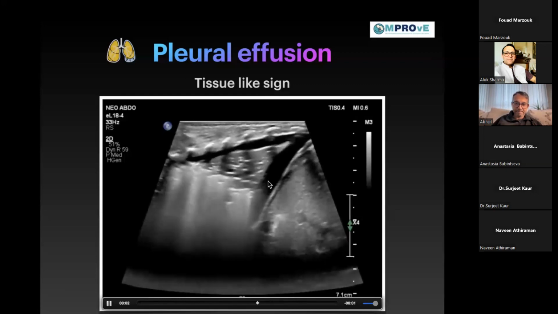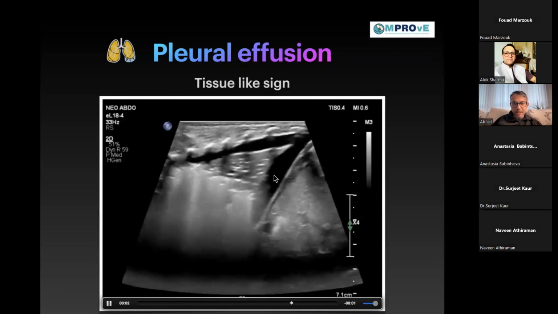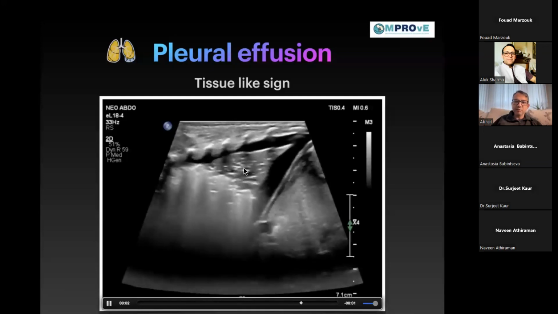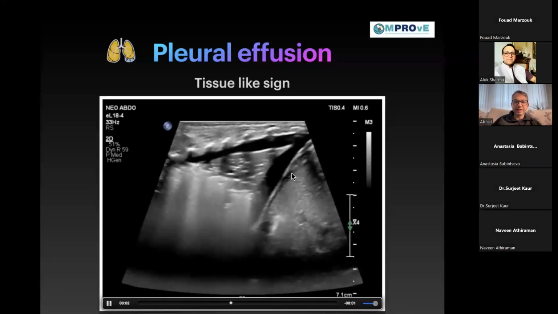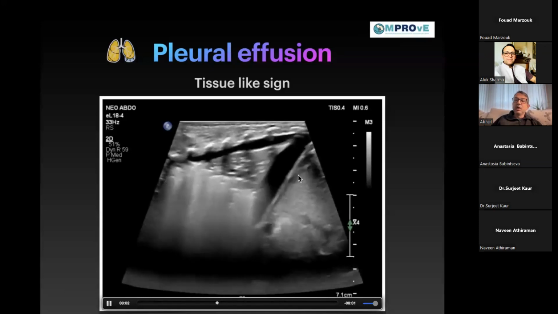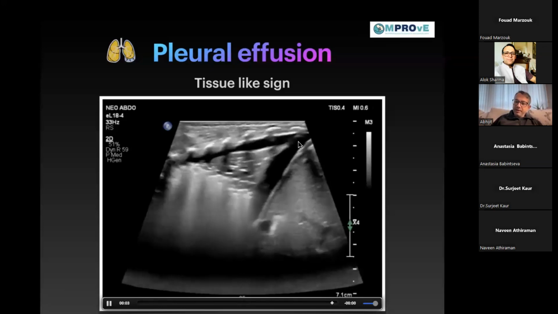So where do we keep the probe to see this kind of picture, if we're able to see diaphragm, liver, and so on? As I said, this is a premature baby, an extremely small baby. I don't remember the weight of the baby, but it's definitely less than 1,000 grams, and you can see the entire lung. Now, when you're dealing with bigger babies, you put your probe in a perpendicular position.